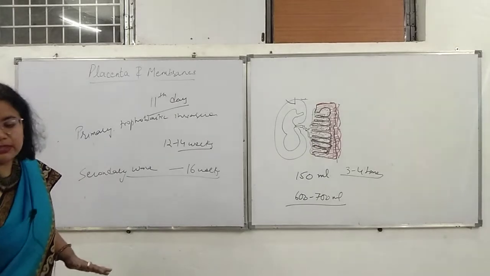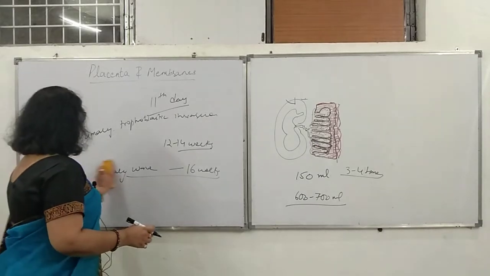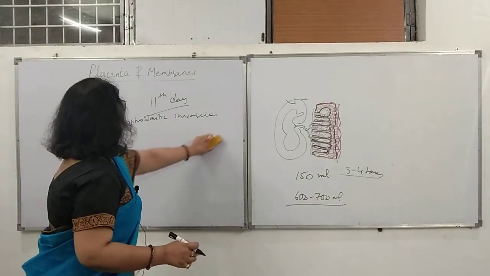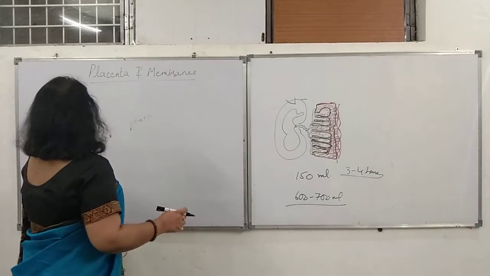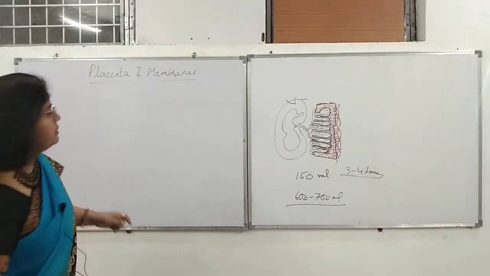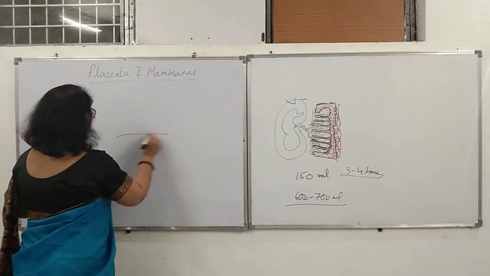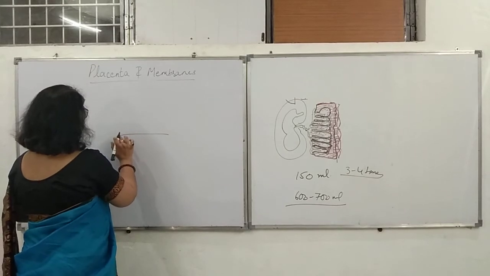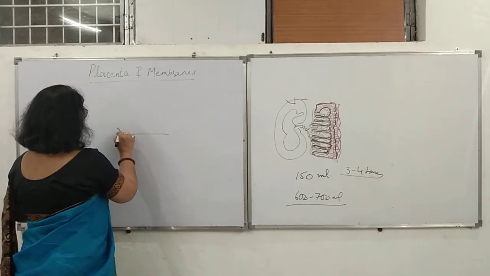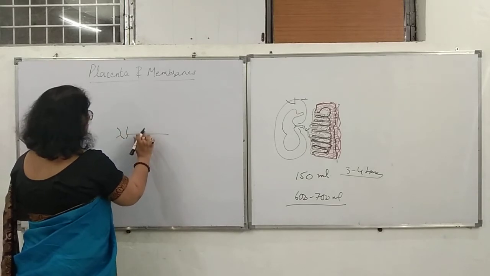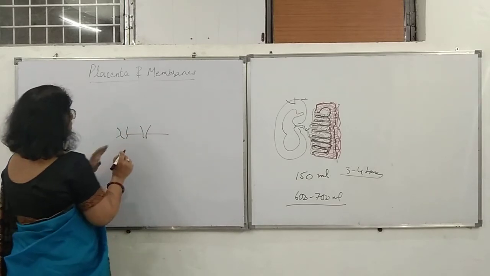What happens in the secondary wave of trophoblastic invasion, which starts at around 16 weeks? The trophoblastic tissue now invades the spiral arteries near the intervillous space. Funneling is occurring.